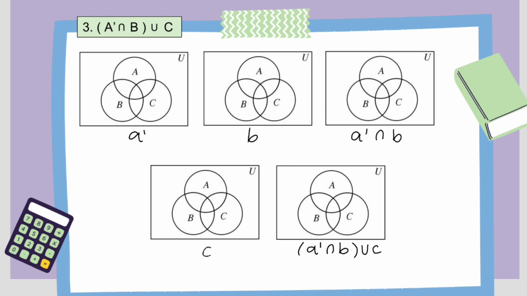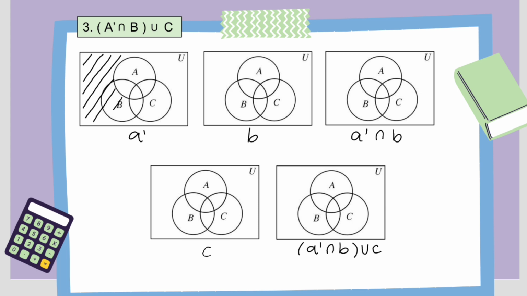So let us proceed with example number 3, which is A prime intersects with B unites with C. In the first box, we will do A prime first.